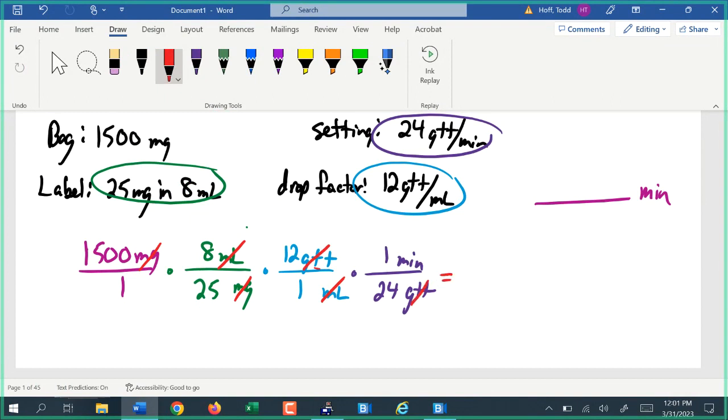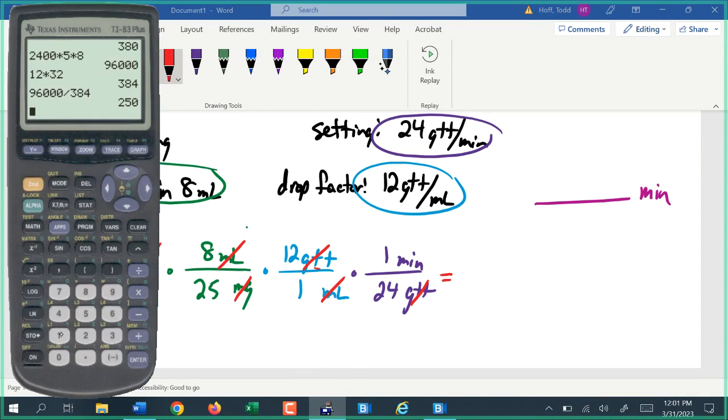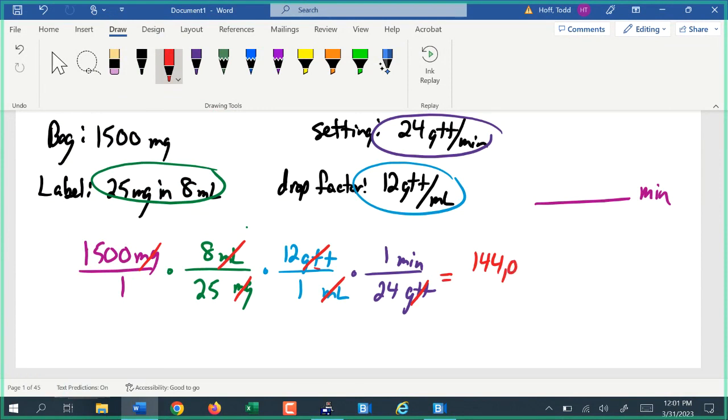So we'll have 1,500 times 8 times 12, which I believe is 18,000. Oops, sorry. Missed that one by a ways. 144,000 minutes.